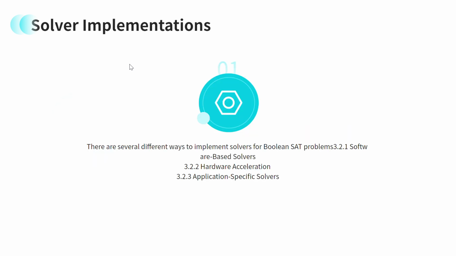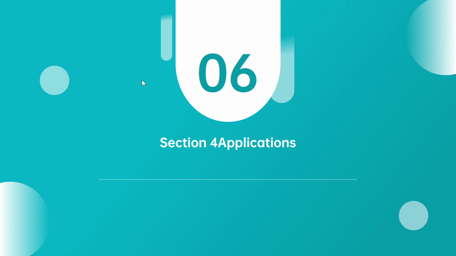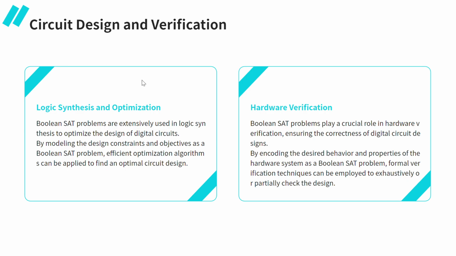Coming to the section on applications. As I have mentioned before, in circuit design and verification, these SAT problems are mainly used. The main goal is to optimize the design of the circuit and to ensure the correctness of digital circuit designs.